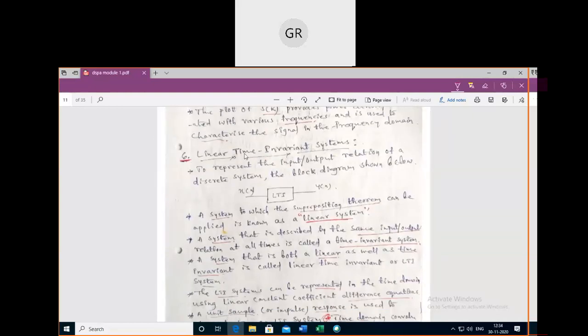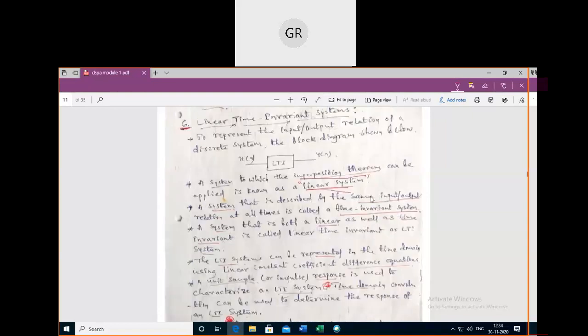And linear time invariant system. In the linear time invariant system, first we discuss what is a linear system. A system to which the superposition theorem can be applied is known as a linear system. Then what is meant by a time invariant system?